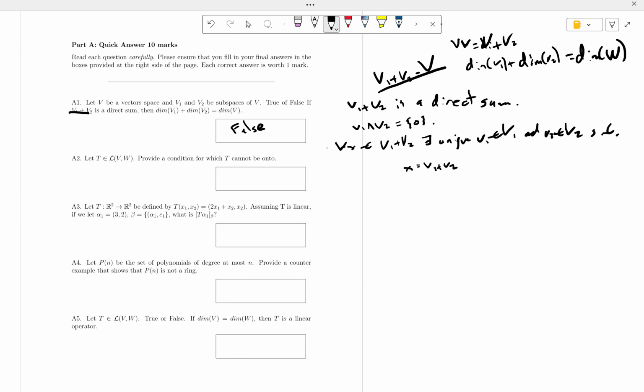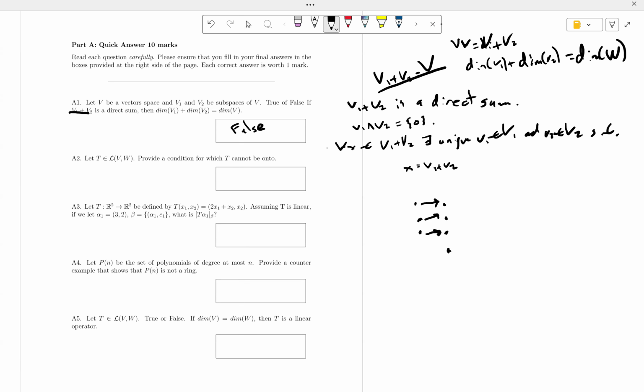In our next statement, we have a set of linear transformations, and we have T in the set from V to W. Provide a condition in which T cannot be onto. Here, what I like to do is draw a collection of dots. For it not to be onto, I have to make it so that I can't get every dot.